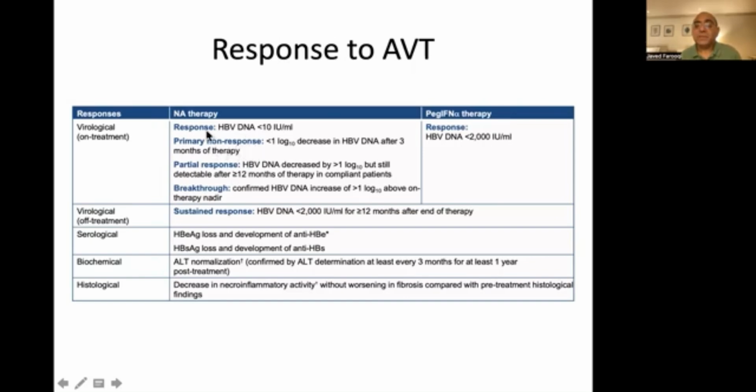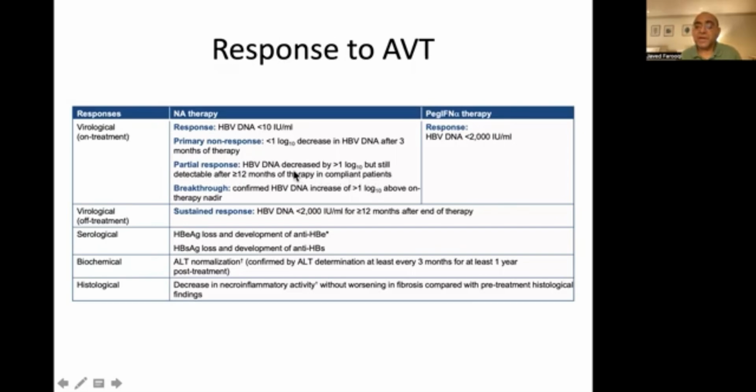So this is the primary non-response. Then, the patient has not achieved the response, but it is not a non-response either, it is in between. So that is the partial response. The partial response is that the DNA is decreased by more than 1 log, but still detectable after 12 months of therapy in a compliant patient.